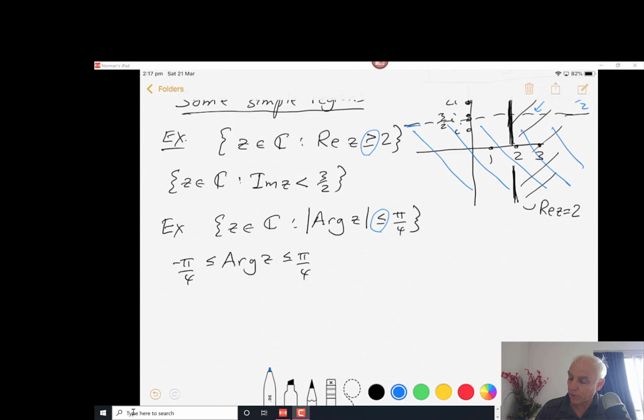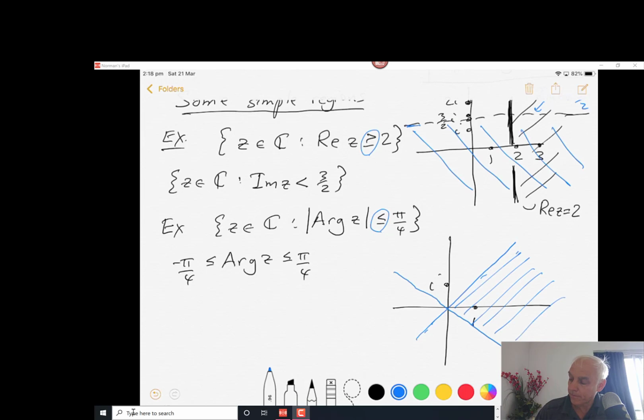So what does that actually look like? Here's 1, here's i. We're looking at all those complex numbers whose argument is between minus pi/4 and pi/4. Pi/4 is 45 degrees. One boundary will be this one going down at minus 45 degrees, or minus pi/4, and this one going up at 45 degrees, or positive pi/4. The argument of z should be between these, so we're talking about everything in this region here.